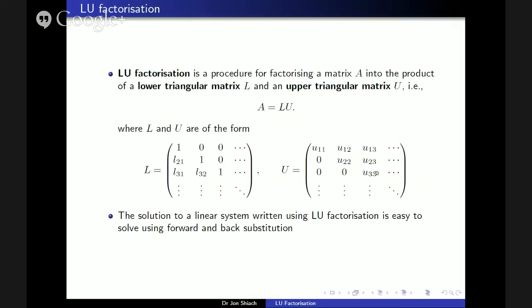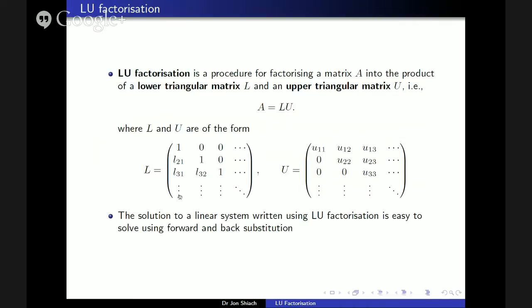So what I want to do is calculate L and U such that L is this matrix. L is lower triangular, so all the upper triangular elements are 0. On the main diagonal, I have 1s. So for L, the main diagonal elements are all 1.